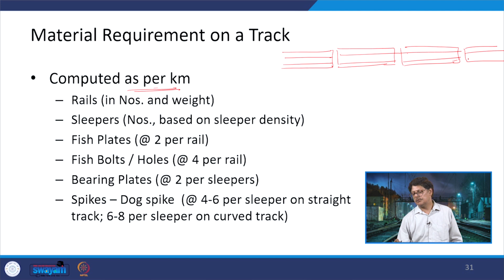If we work with fish plated joints, we will have a number of things provided here, but if it is a welded one, then the fish plates will not be there, so it will reduce in number.